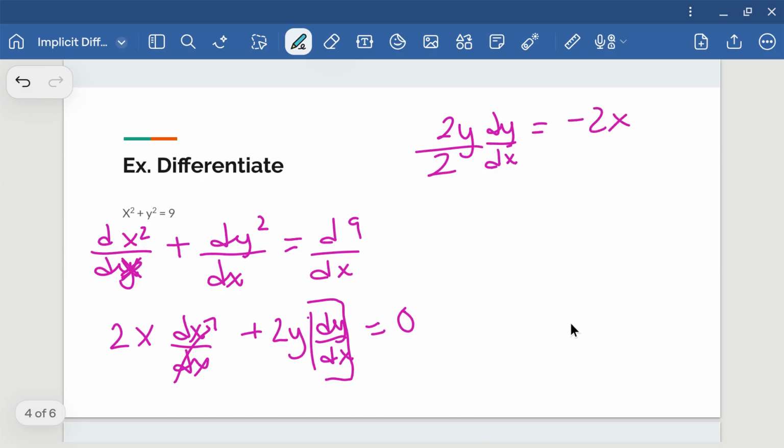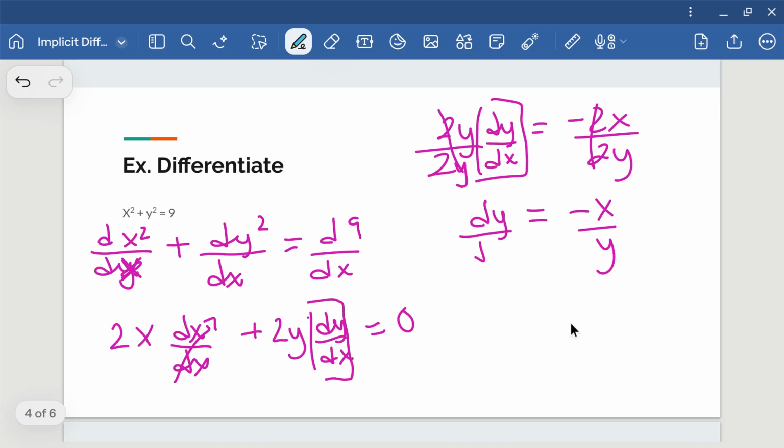Then divide both sides by 2y. And now you have your derivative isolated, and your 2's cancel, so this will equal negative x over y. But we do want our dy over dx, or our derivative, to be in terms of just one variable. So you can go back to your original equation and isolate y.